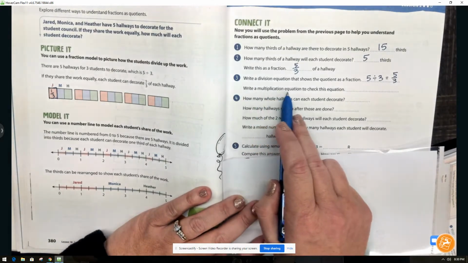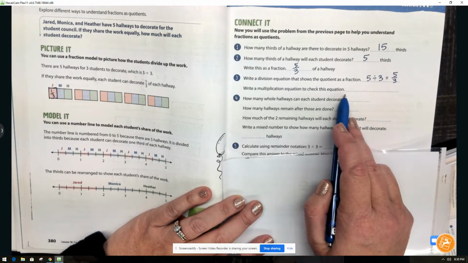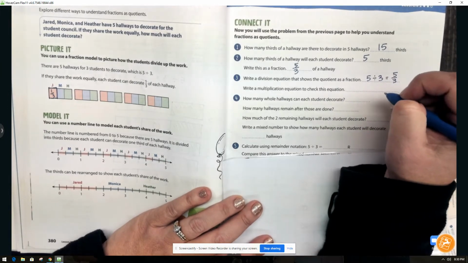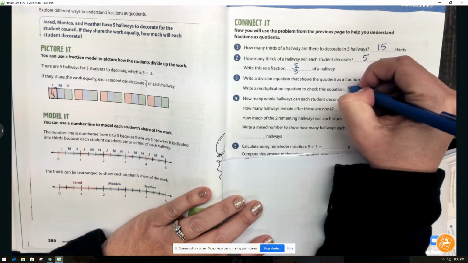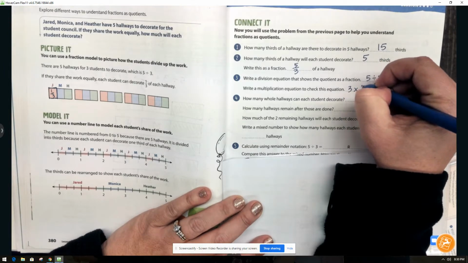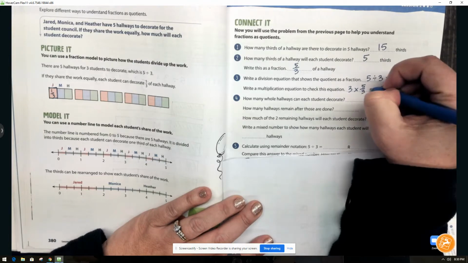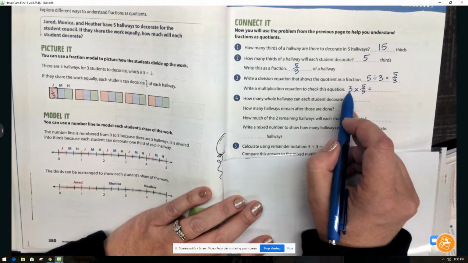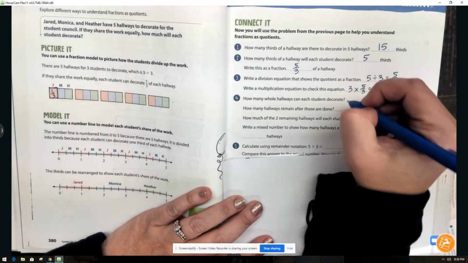Write a multiplication equation to check this equation. So let's say 3 times 5 thirds equals.